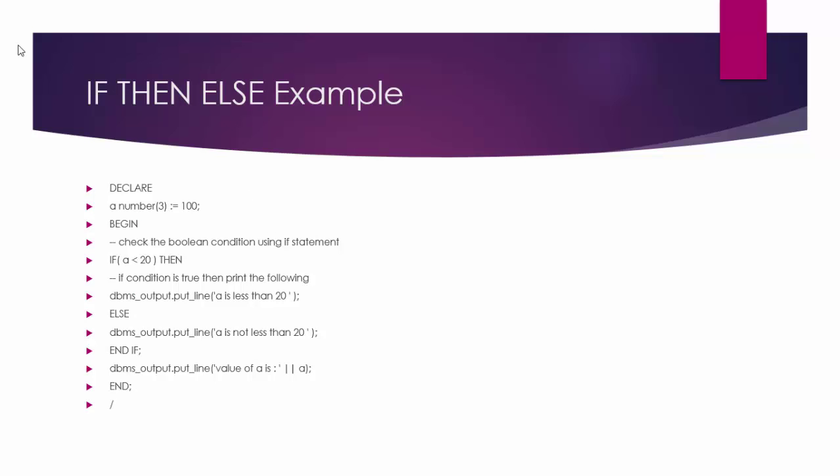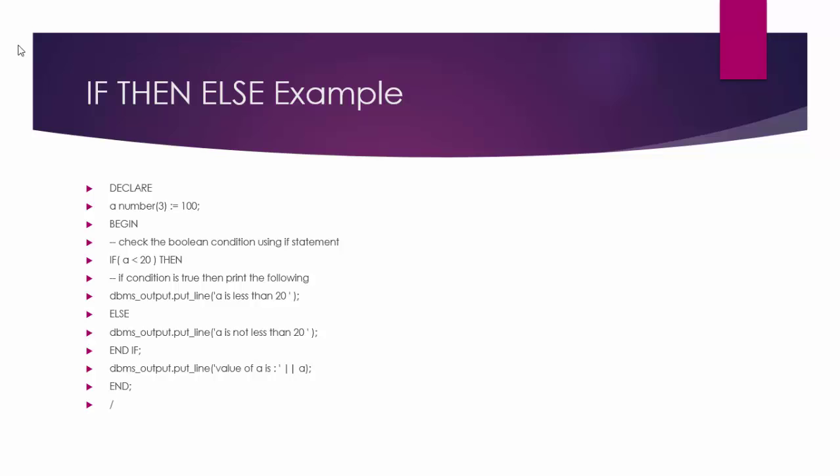Let's see an example of if, then and also else case. So we have a number and we assign 100 to the variable a. Inside the begin statement, if a is less than 20, then again the same logic, a is less than 20. But if a is not less than 20, in this case we can say a is 100.